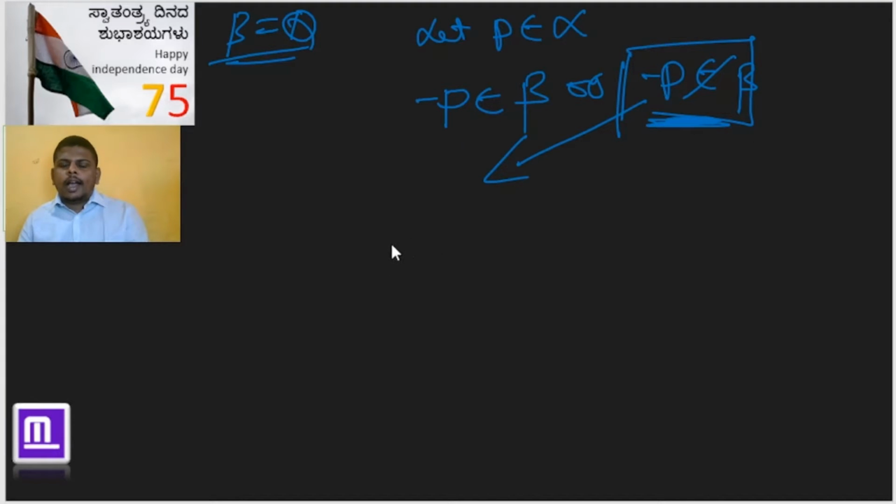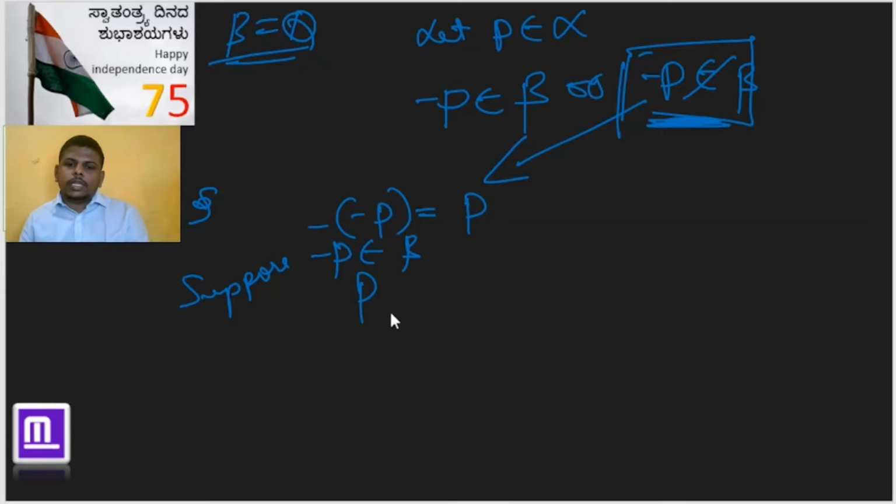But how to check this? See, what is the minus version of the minus p? That is plus p, right? So now you have plus p, that is the minus version of the rational number which belongs to p. So let us suppose minus p belongs to beta, even though p belongs to beta, right?